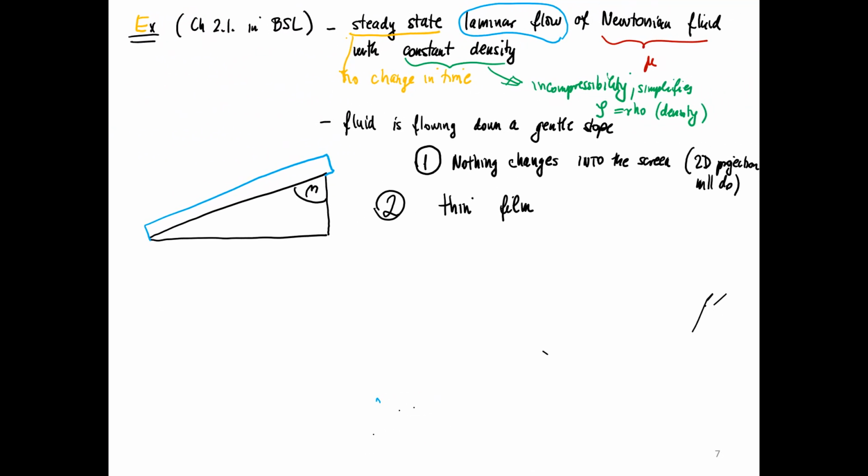Delta is film thickness. Not to be confused with the identity matrix. And overall, I have length L.